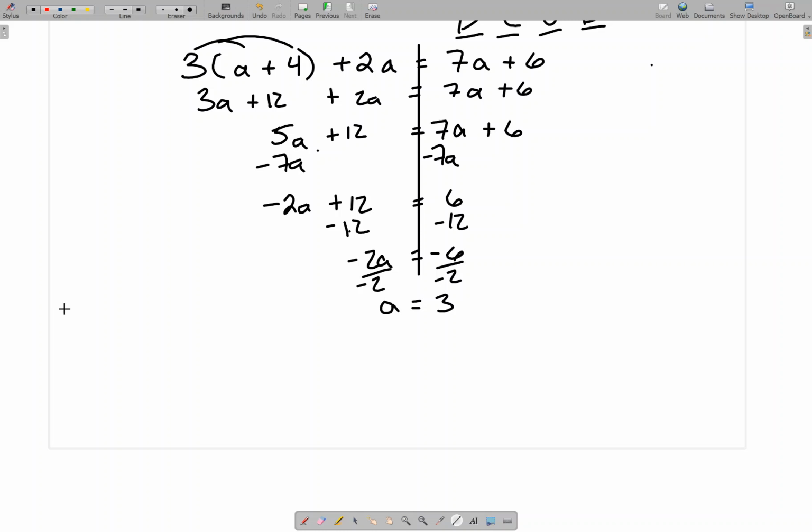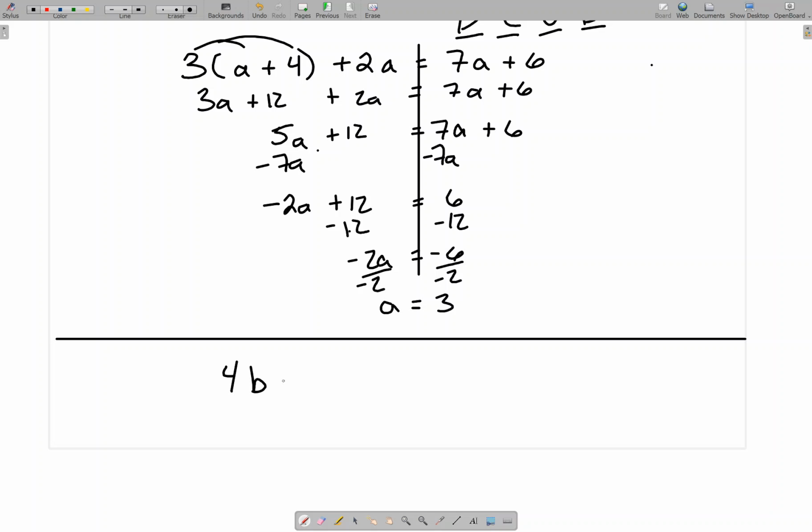Something strange that can happen when you have variables on both sides. Undo that line, draw a better one. There we go. All right, let's say I have on one side 4b plus 7 is equal to 2 times b plus 1 plus 2b.